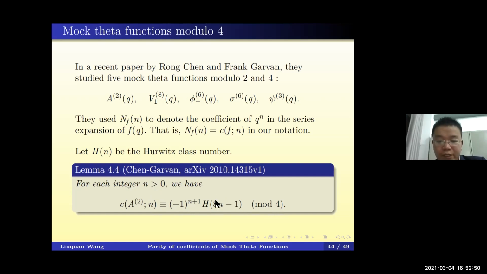Once we have this relation, studying the modulo 4 properties of A of q is reduced to studying the modulo 4 properties of the Hurwitz class number. And for this class number, we already have enough knowledge.